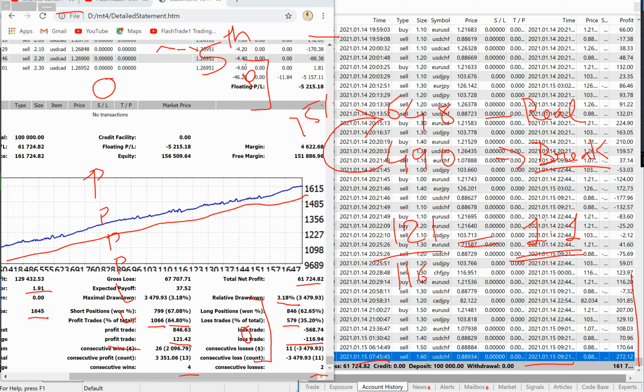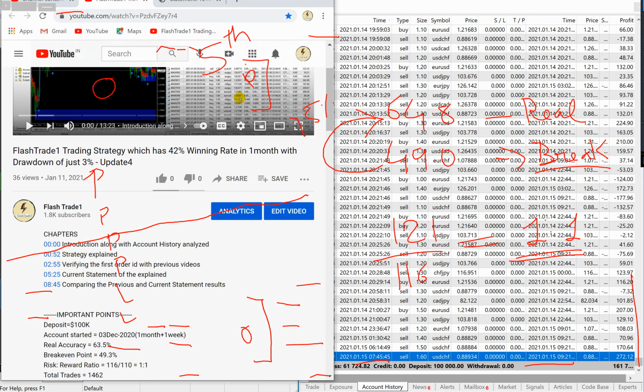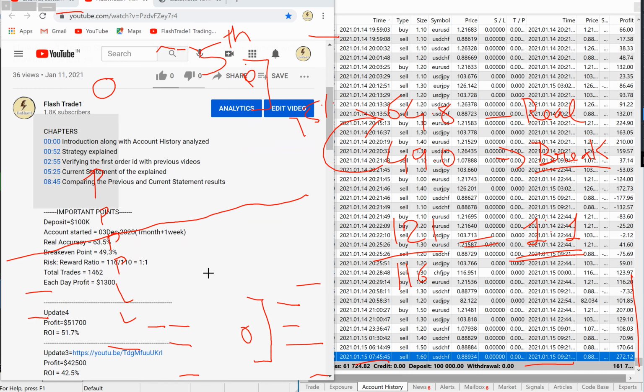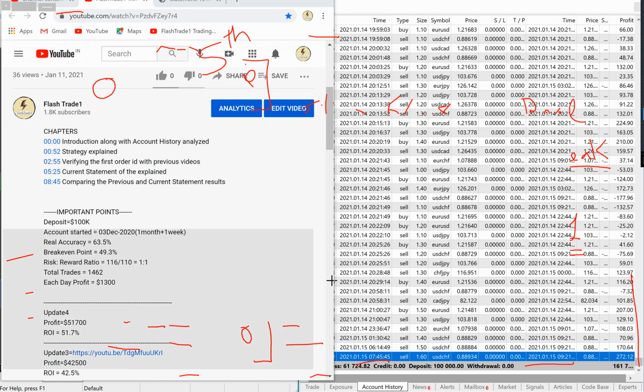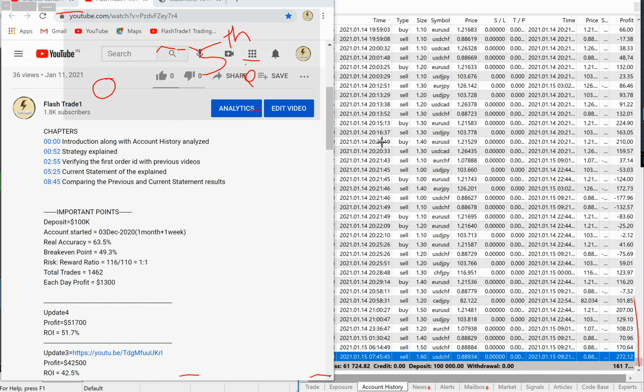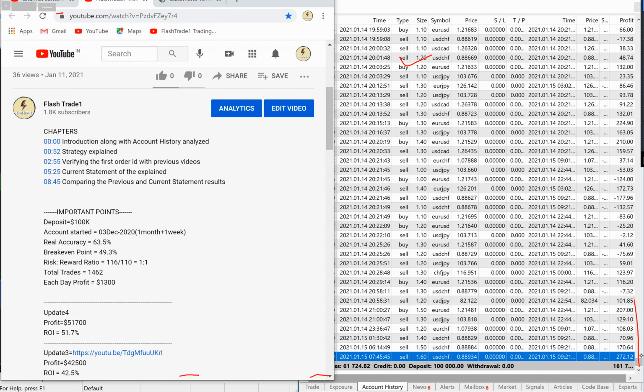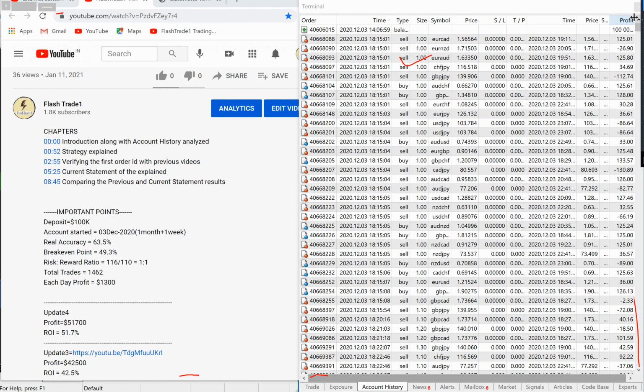Now we will compare this account with the previous updates. Let me erase things before I show you. You can see that a deposit of 100k was made on this account on 3rd of December 2020.